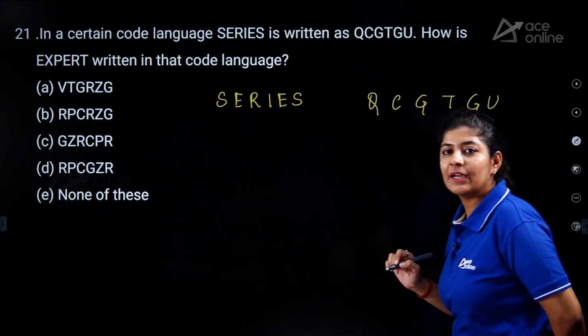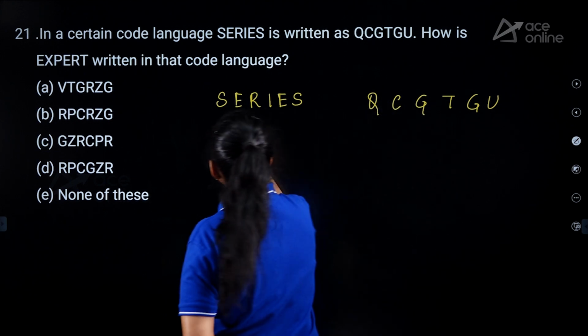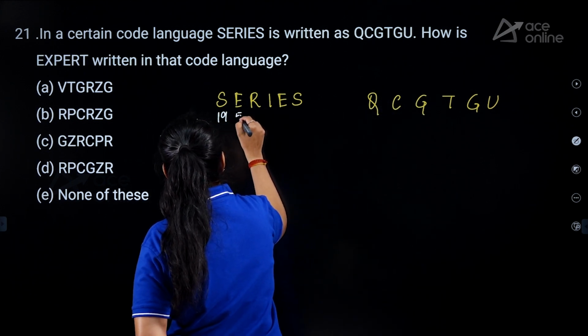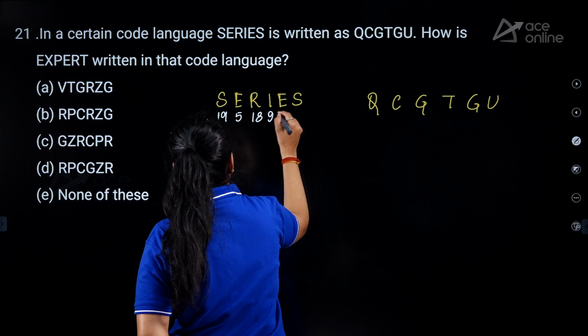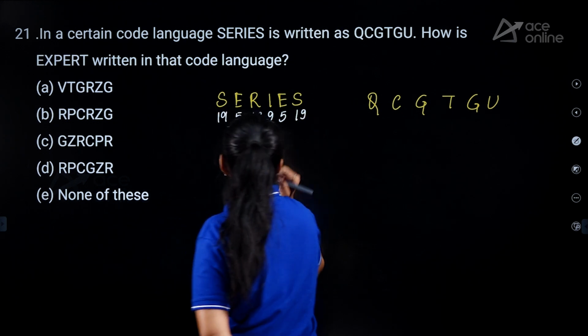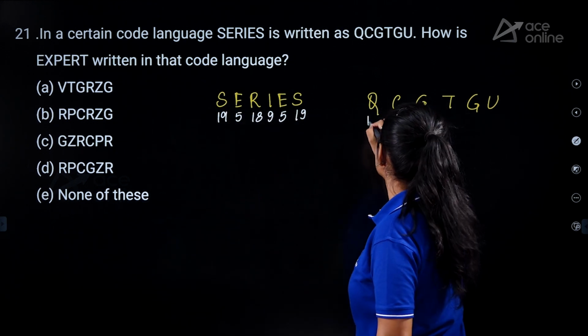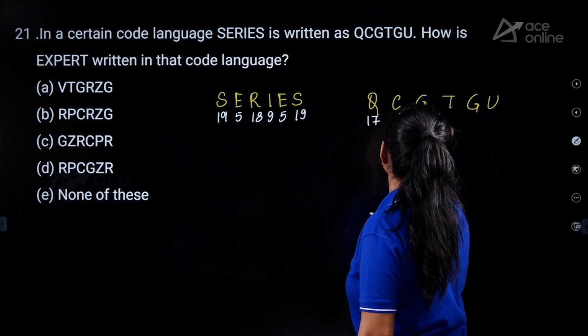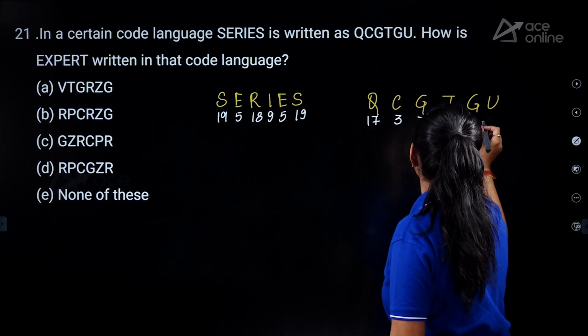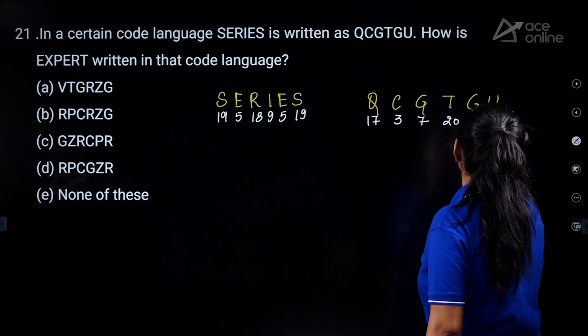Now, if I write down the associated numbers, I can simply write it as 19, 5, 18, 9, 5, 19. For the code, 17, 3, 7, 20, 7 and 21.